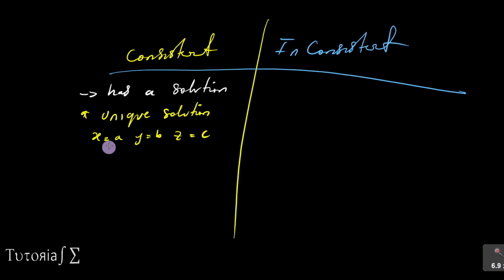This is a unique solution where each of the variables has a unique value. These could be any numbers, 2, 3, 4, 5, 7, 8, 9, 10, whatever value. Then we have infinitely many solutions.